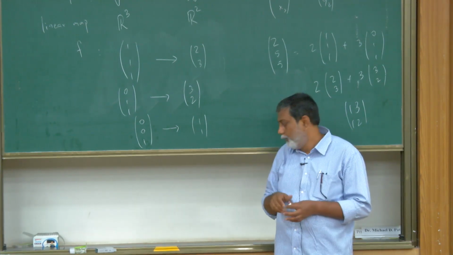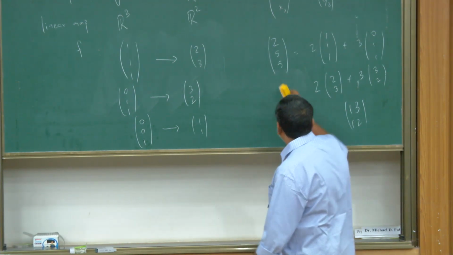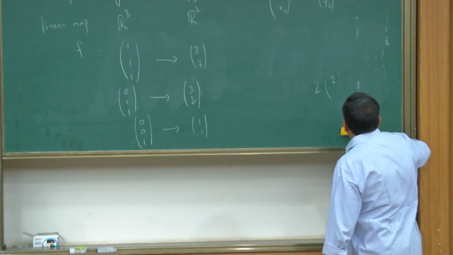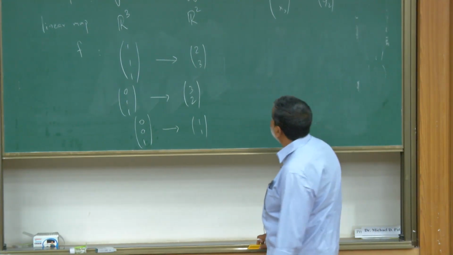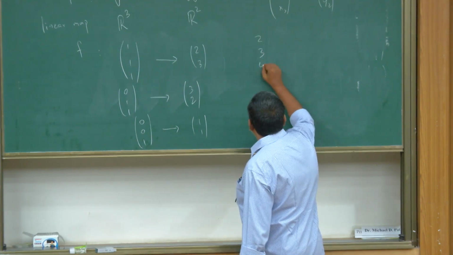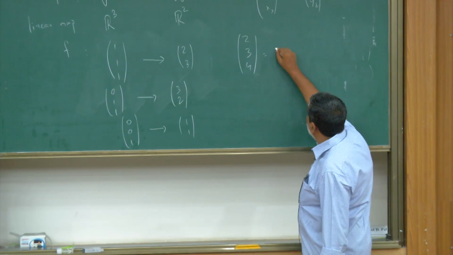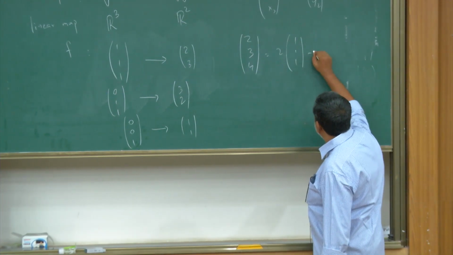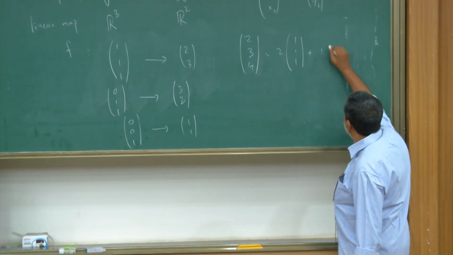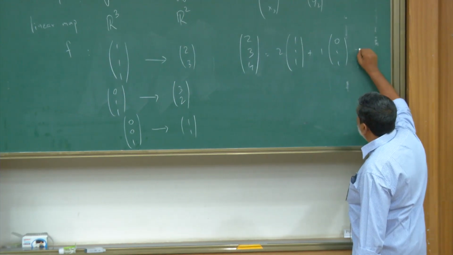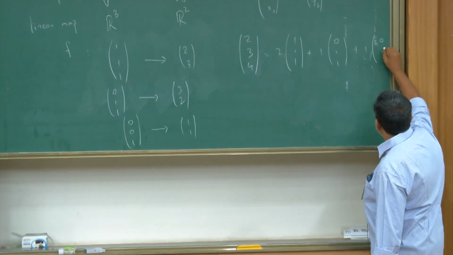All right? So, for example, if you have this vector (2, 3, 4), this (2, 3, 4) is 2 times (1, 1, 1) plus 1 times (0, 1, 1) plus 1 times (0, 0, 1).